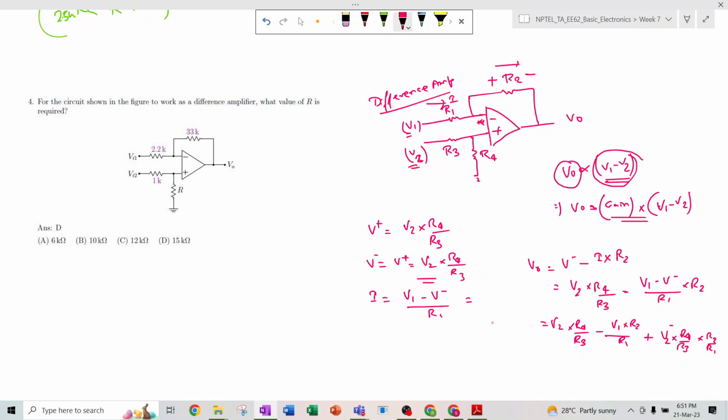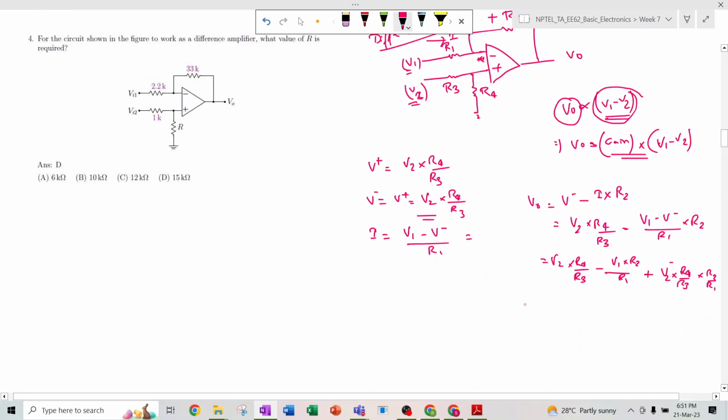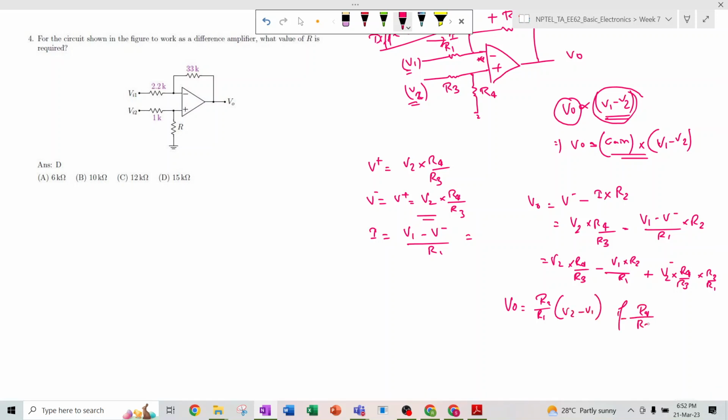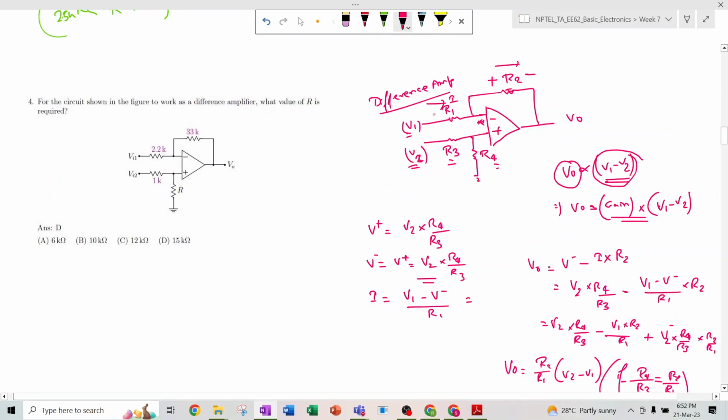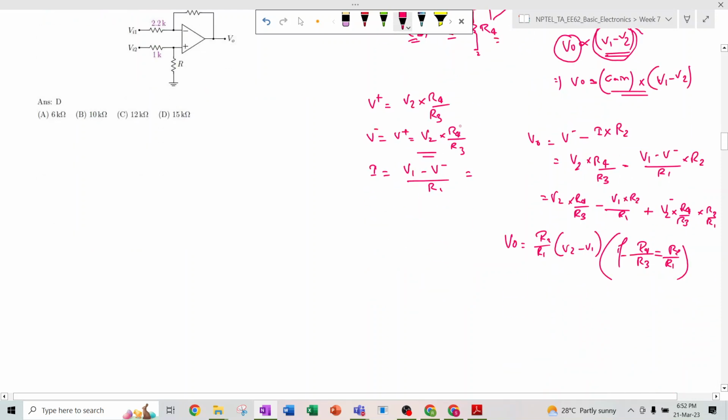If we simplify this, we get VO is R2 by R1 into V2 minus V1, if we consider that R4 by R3 is equal to R2 by R1. Then we get a gain of R2 divided by R1 into the difference of the inputs.